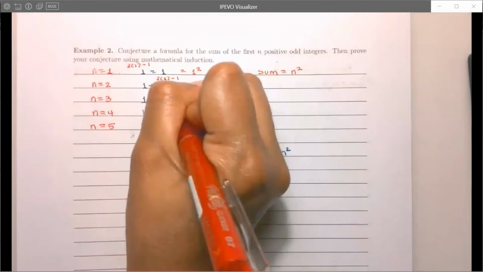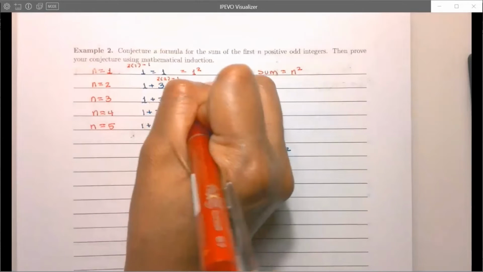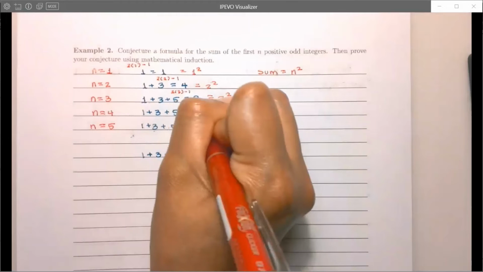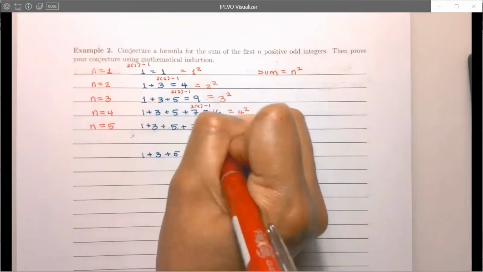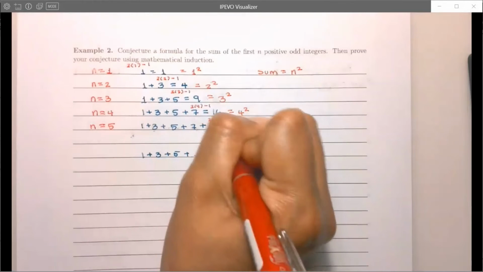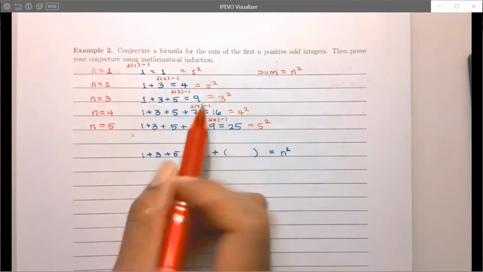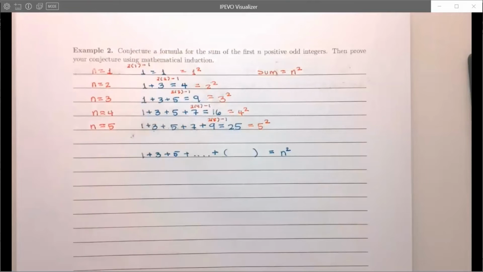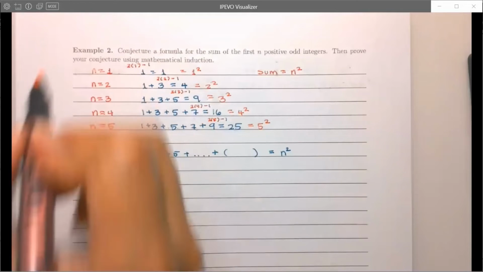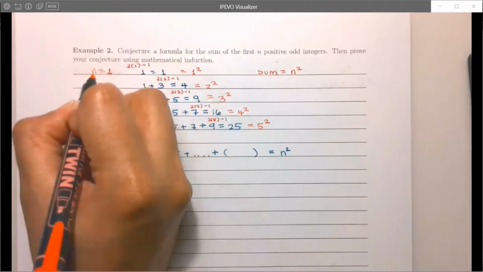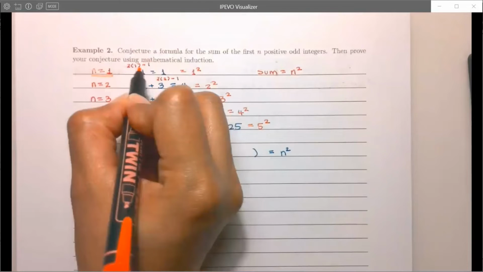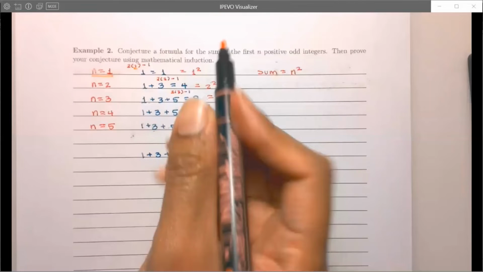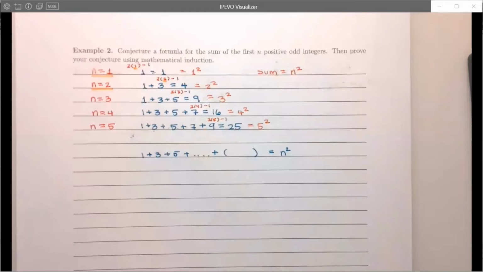This third one would be a 2 times 3 minus a 1, 2 times 4 minus a 1, 2 times 5 minus a 1. Okay. And the reason why I'm writing it with minus is because then I see a direct relationship between how many odd integers are part of that expression and the general representation of the last odd number.